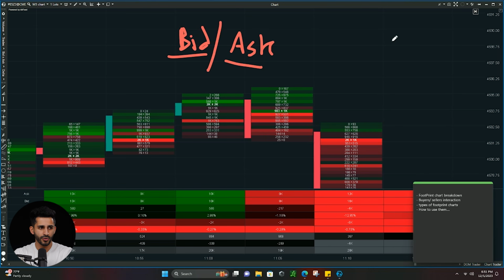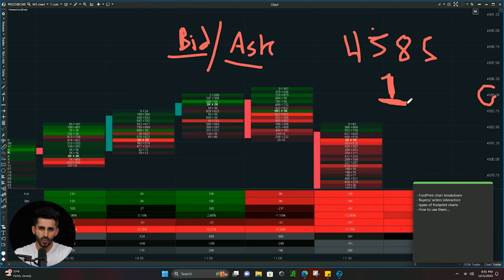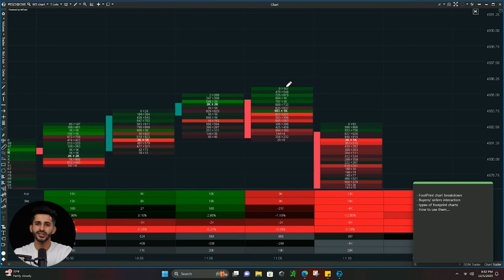Now, if there's an order for, let's say, 45.85, and there's one contract traded, there's typically one participant that is aggressive, either the buyer or seller. The way we see that is by looking at the footprint chart. So when I look at this 0.167, what this is telling me is someone had an aggressive order to buy 167 contracts at this price.